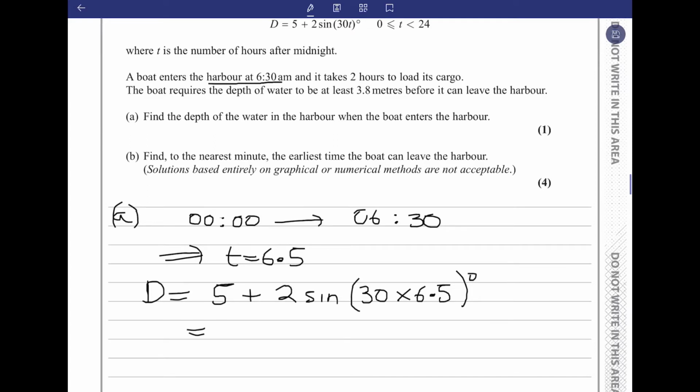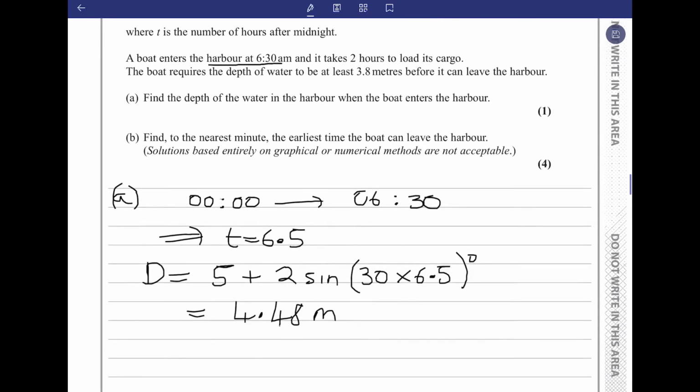And don't forget to put your calculator in degree mode rather than radians if it is. 2 sine 30 times 6.5. And you should get an answer of 4.48 meters. So 4.48 meters is the depth of the water in the harbour.